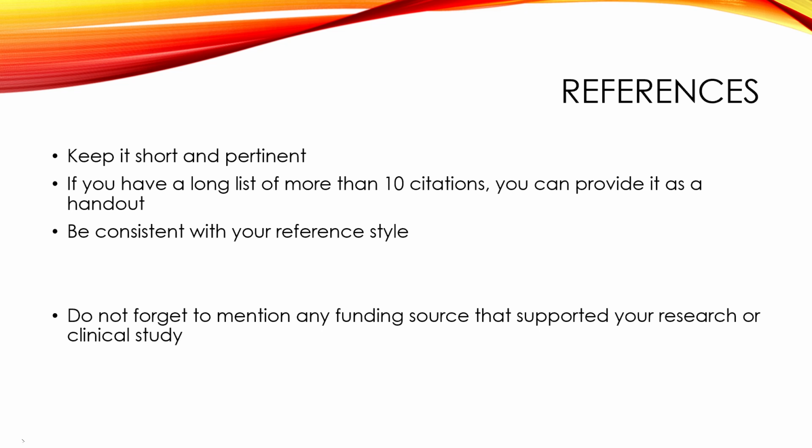In that way, you don't have a bunch of references on your poster which are difficult to read, right? Instead, you can just hand out to every person who comes by and is interested in your reference section a Word document. You want to be consistent with your reference style.